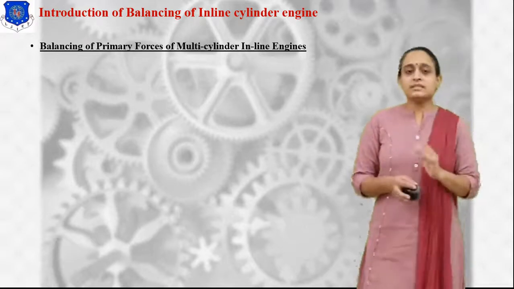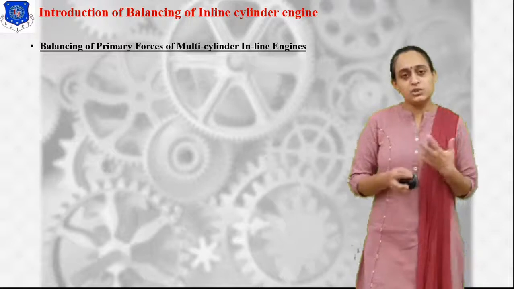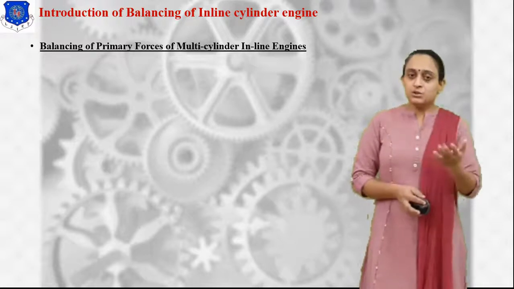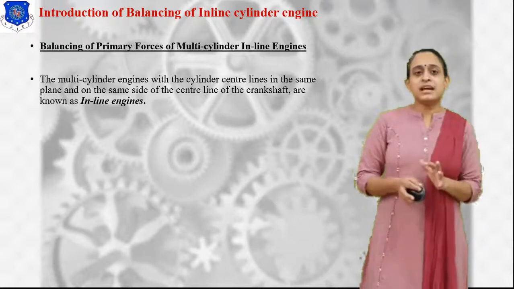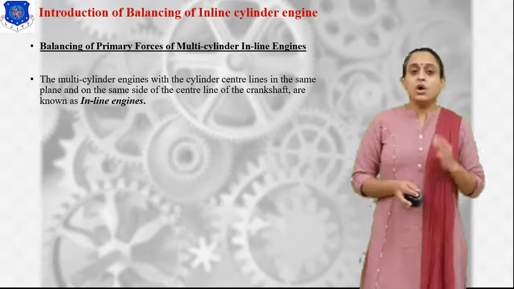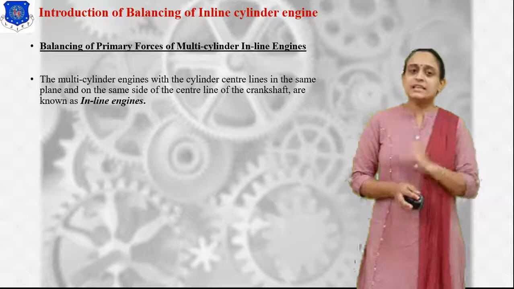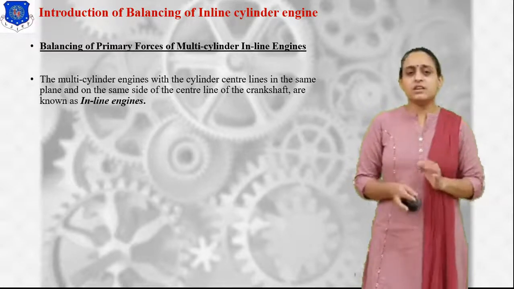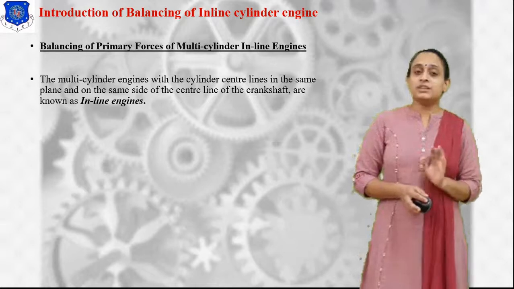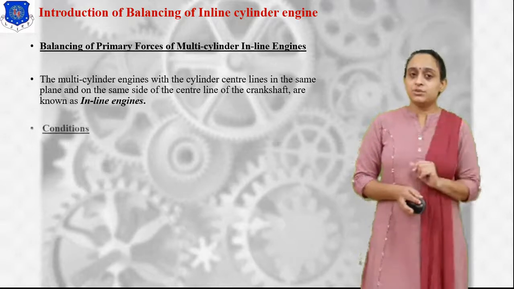So in inline cylinder engine we also need to consider both of them. First of all, primary forces. Because they are multi-cylinder inline, all the system is inline and they are placed at the same distance generally. So we have to calculate the value of primary forces.